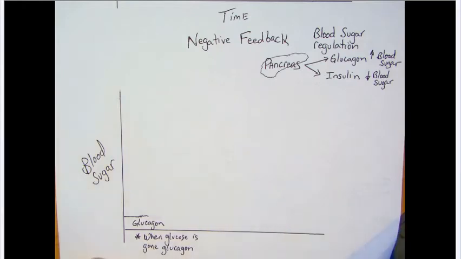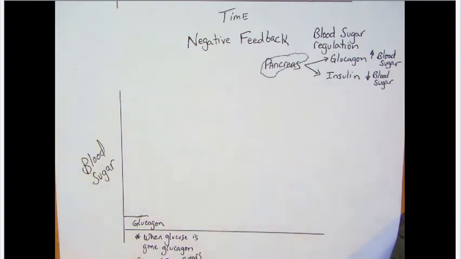Now, there's a lot of glu's in here. In fact, you'd even talk about the liver converts glycogen into sugar.